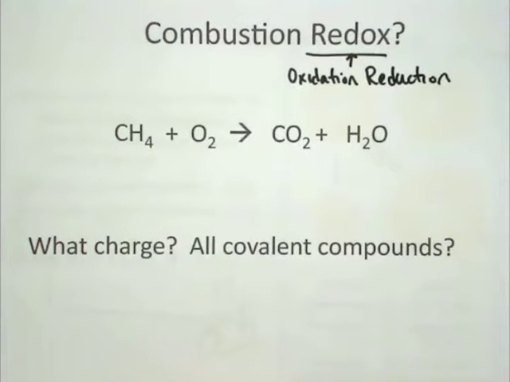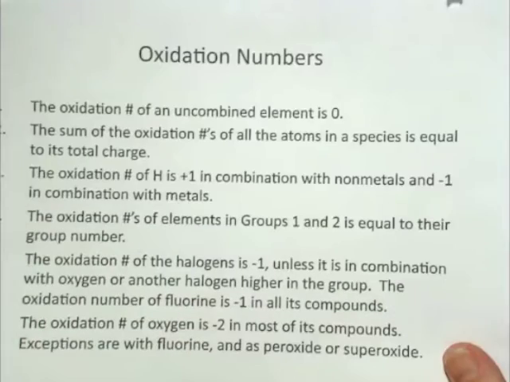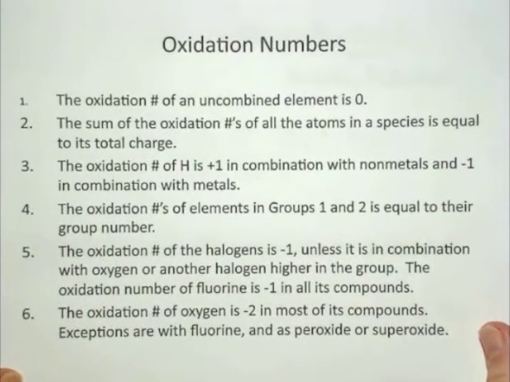And so what scientists have done in order to be able to recognize oxidation and reduction reactions, and to recognize that electron transfer is occurring, is they have devised this method called using oxidation numbers.